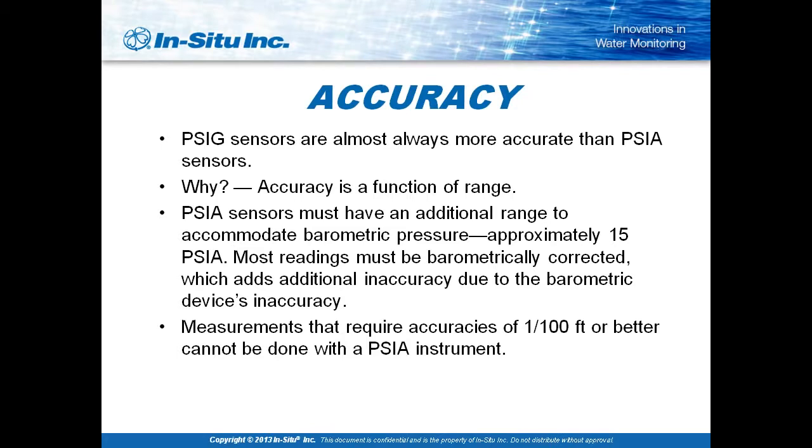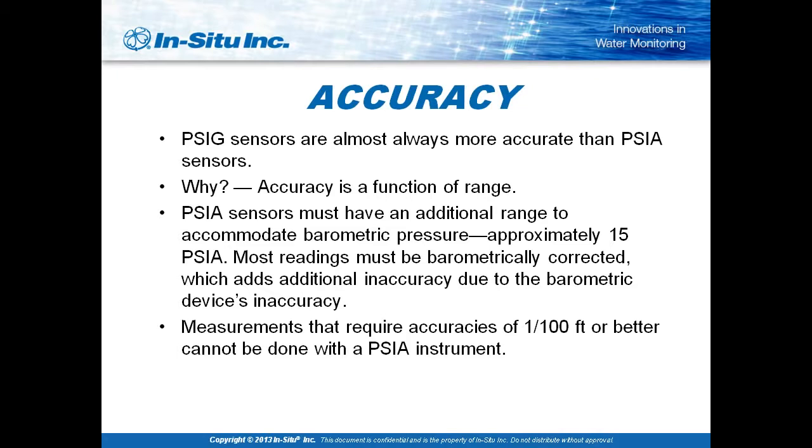As you're probably aware, you get sensors anywhere from 5 PSI to 1,000 PSI. If you look at the spec, it's always going to say plus or minus 0.1% full scale.